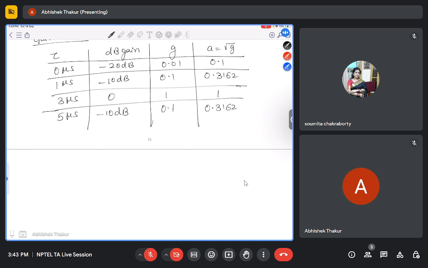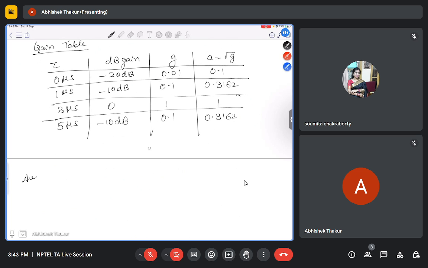So now we have to find, first we will find the average delay. That is given as tau bar. So tau bar is summation of Gi tau i divided by summation of Gi.